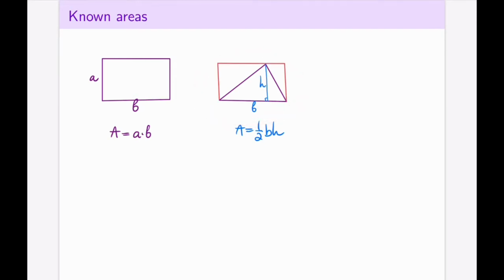The area of my bigger rectangle is base times this height, because this is the same as the side here. And this triangle occupies exactly half of my bigger rectangle. You can see that by realizing that this little triangle is the same as this one, so there's two of them here.